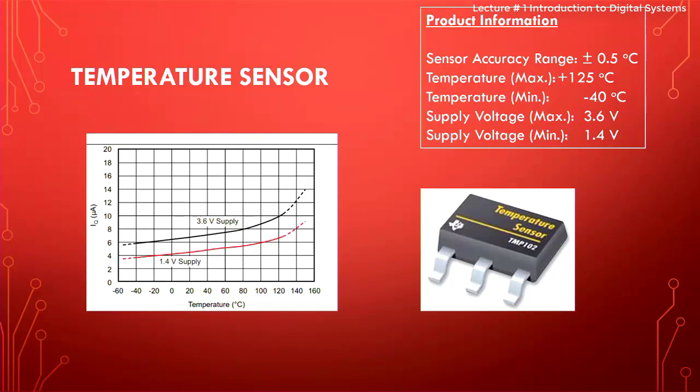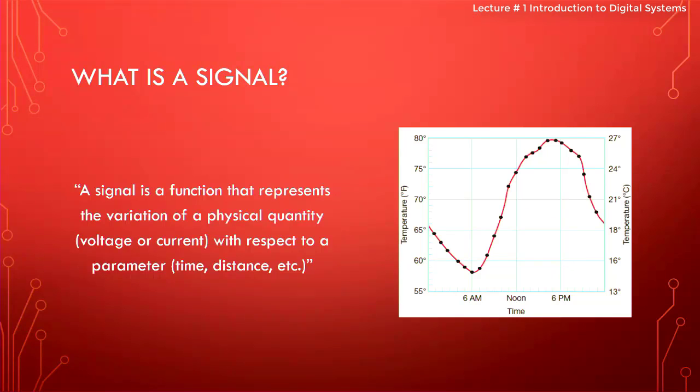Okay, so if I go back to the definition of the signal, a signal is a function that represents the variation of a physical quantity, and in that case, what was the variation? It was the change in current, right, with respect to a parameter which was time. Okay, and this is how most sensors work.